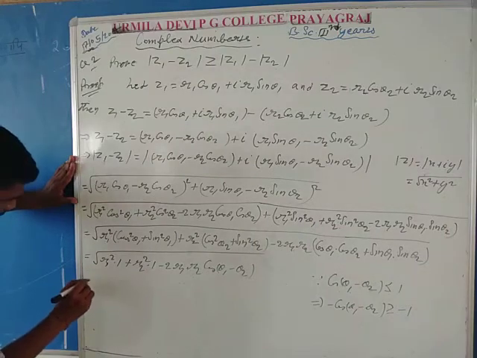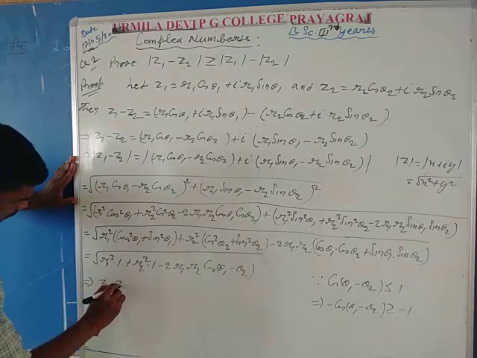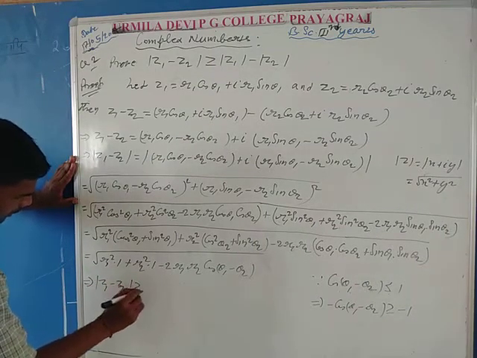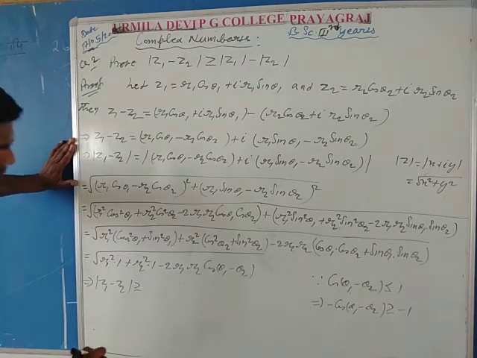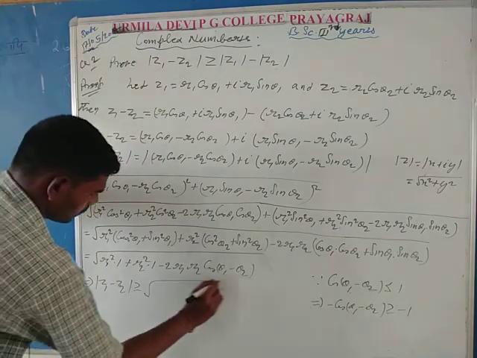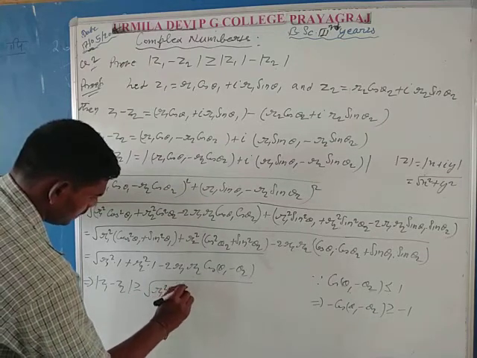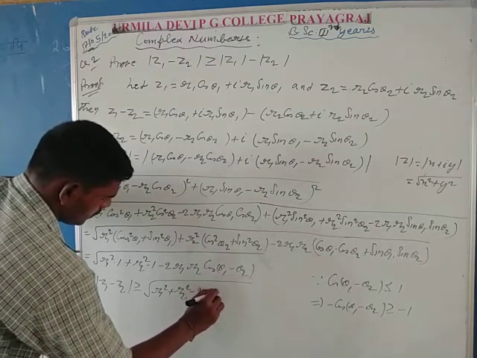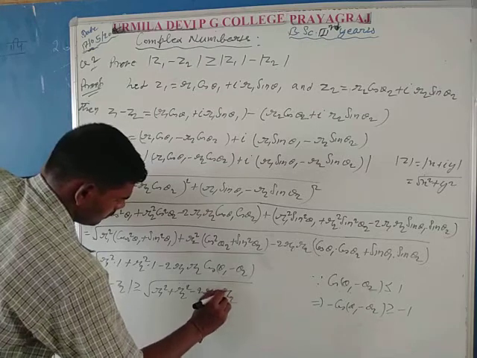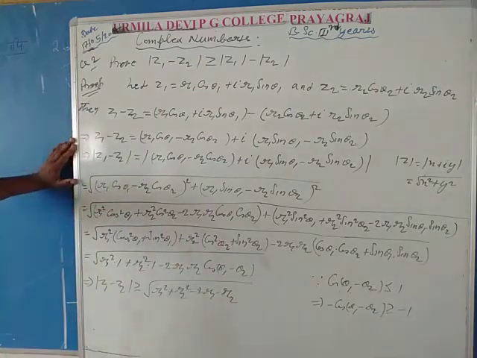Therefore, |z1 − z2| is greater than or equal to the square root of r1² + r2² − 2·r1·r2.